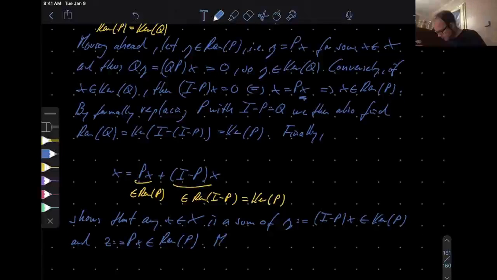Now we have to verify that the decomposition is unique, and that happens in the usual fashion, just as we did it when we proved the projection lemma.